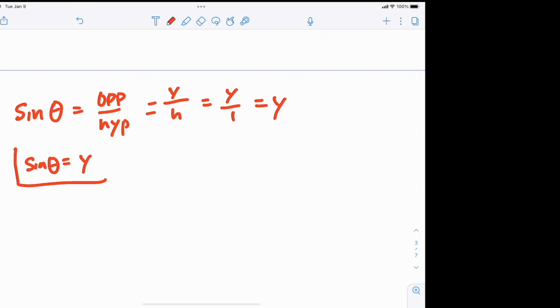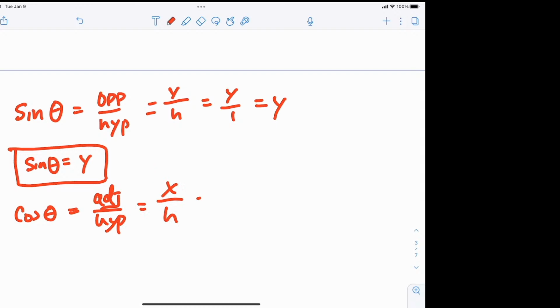So this is the sum up. Now, same thing, cosine of theta is equal to adjacent over hypotenuse. Adjacent is the x value over h, and x over 1 is equal to x. So cosine of an angle represents the x value of the coordinates.